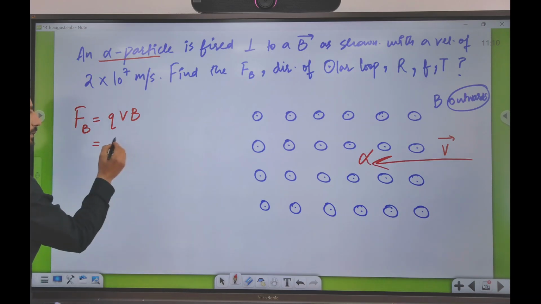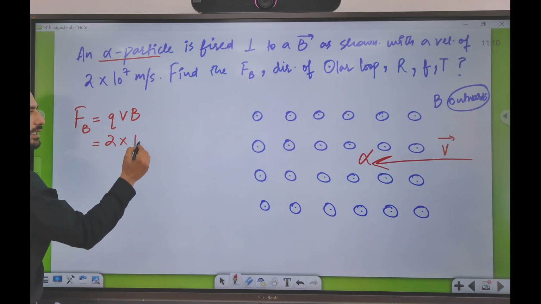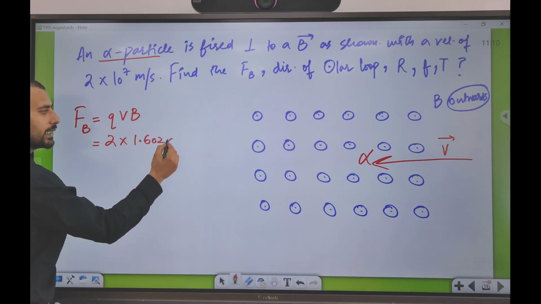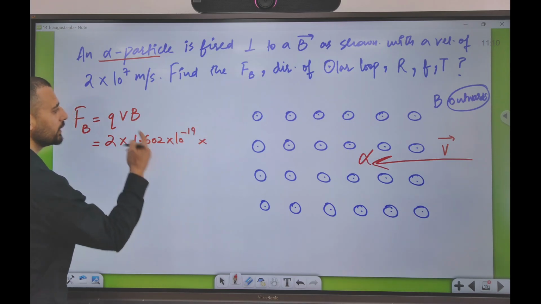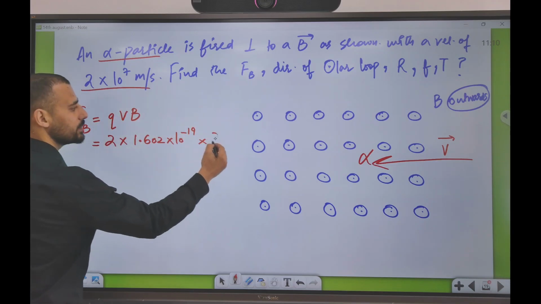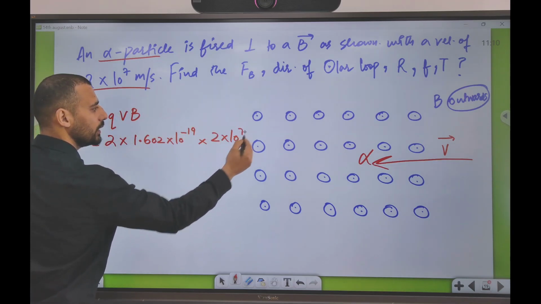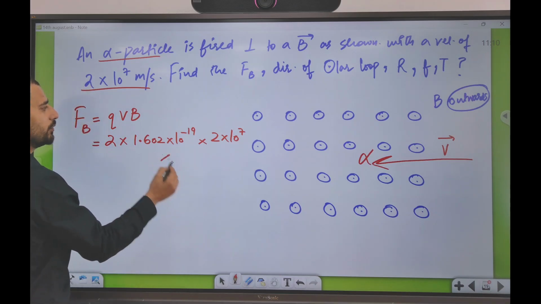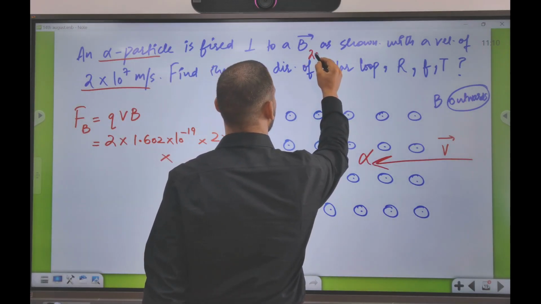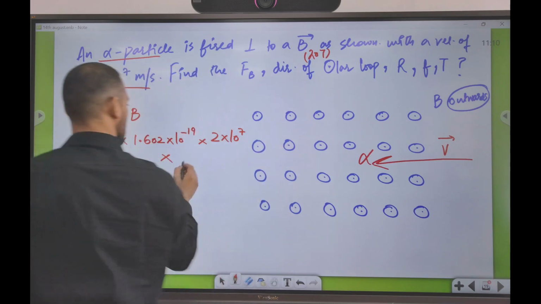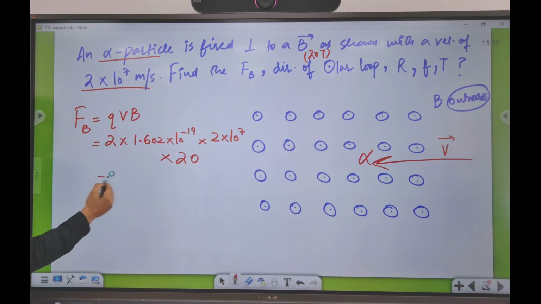So it will be 2 times 1.602 times 10 to the power negative 19. What is the velocity? 2 times 10 to the power 7. And what is the magnetic field? The magnetic field is not given, so let it be 20 Tesla. So this is times 20. Khalas, this will give you the maximum force.